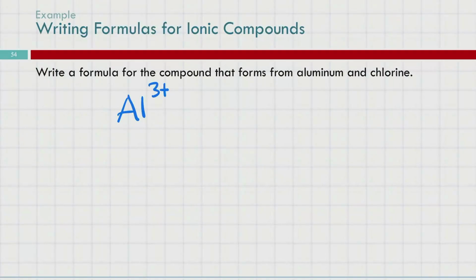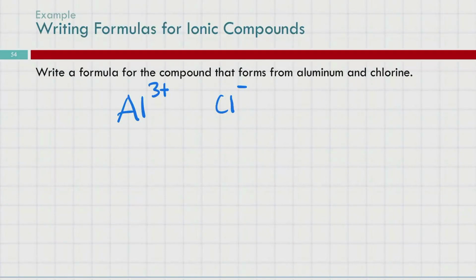And for chlorine, I know that chlorine is Cl. We can find that on our periodic table as well. It's in the top right-hand corner. Cl, it's in 17 or 7A. It's one spot from being a noble gas, so that's going to form a 1 minus charge.